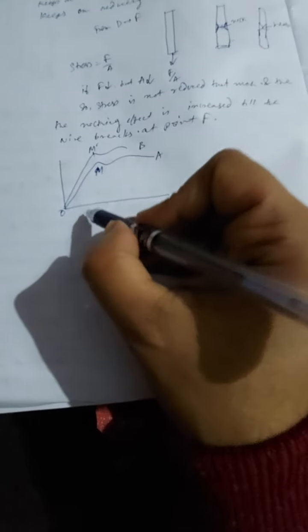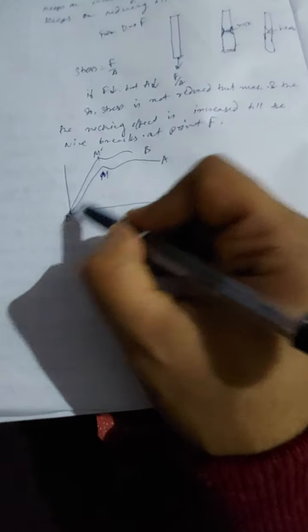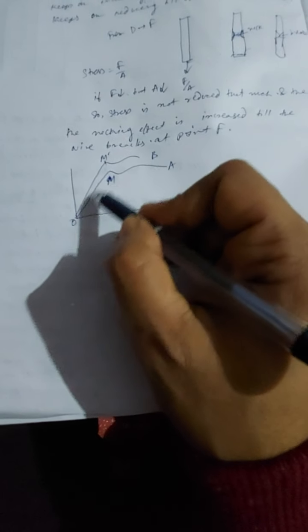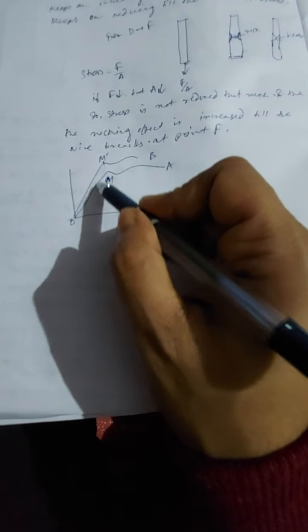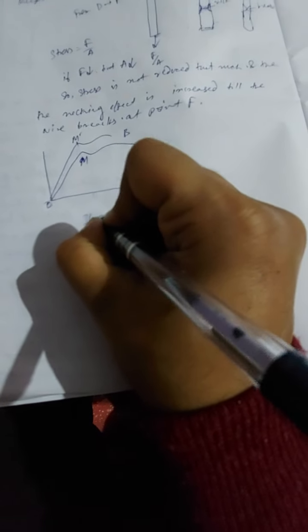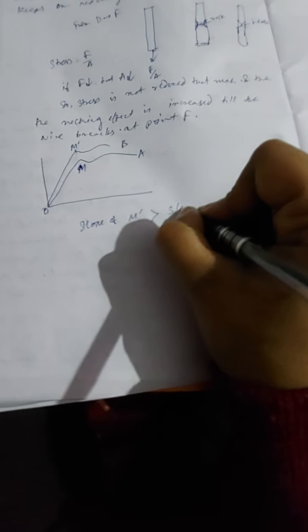What is the difference between these two? We see that from O to M and O to M dash, Hooke's law is followed, but the slope of OM dash is greater than the slope of OM.